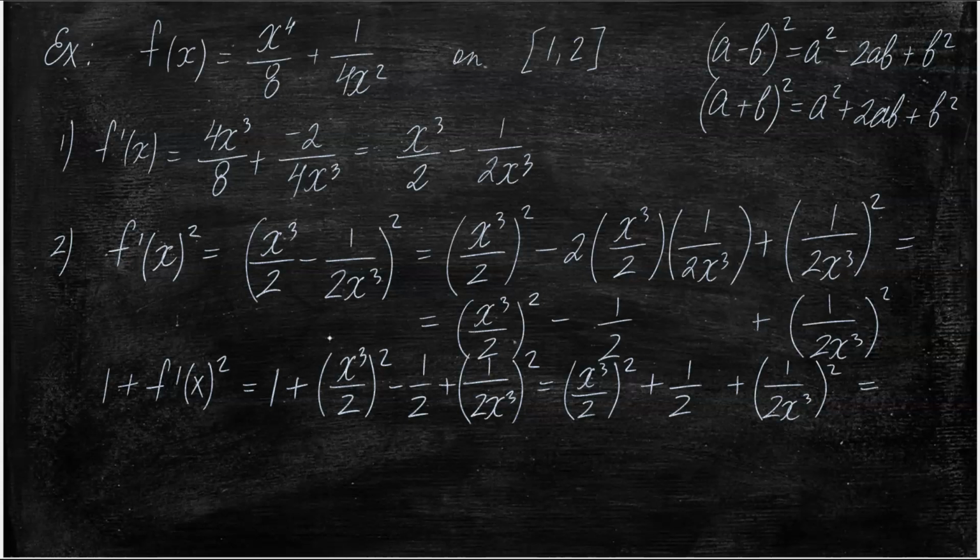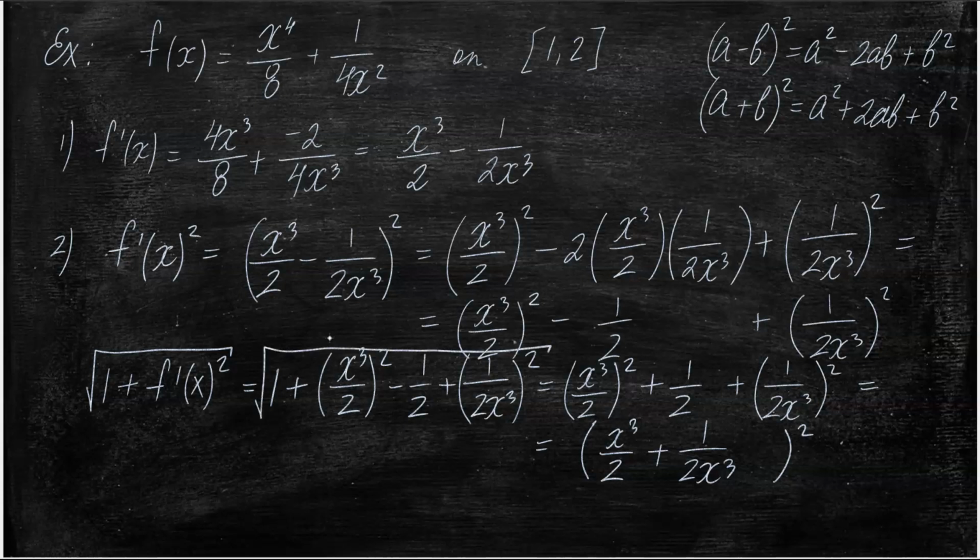the square of x cubed over 2 plus 1 over 2x cubed. So that means when we throw the square root on top, the square root and the square, we can cancel them because everything is positive, and we end up with a simple expression again.